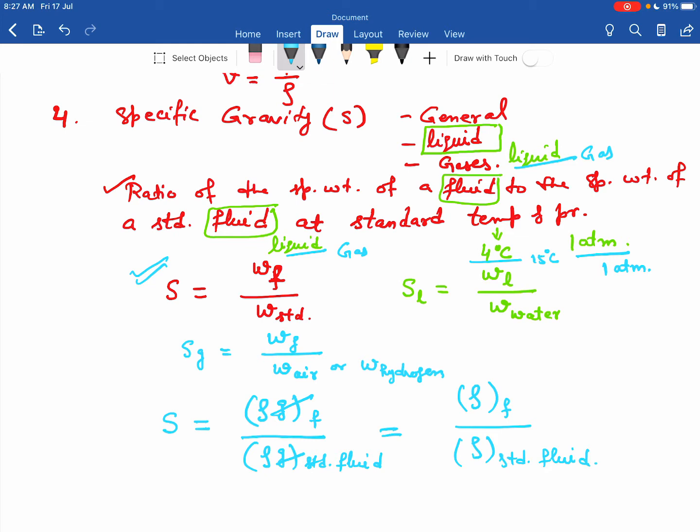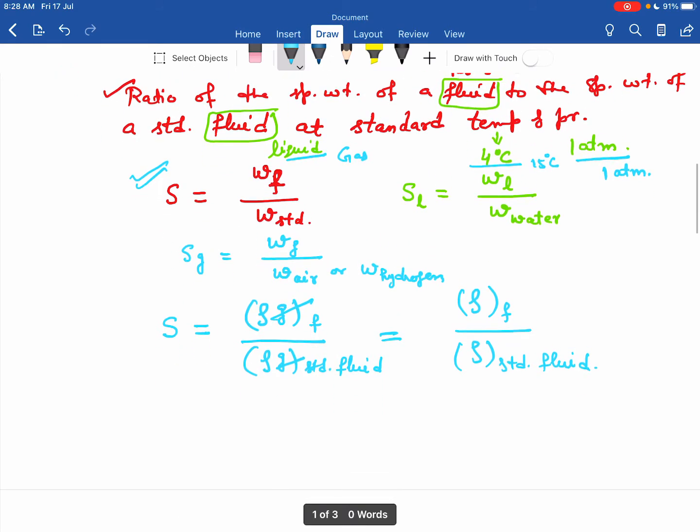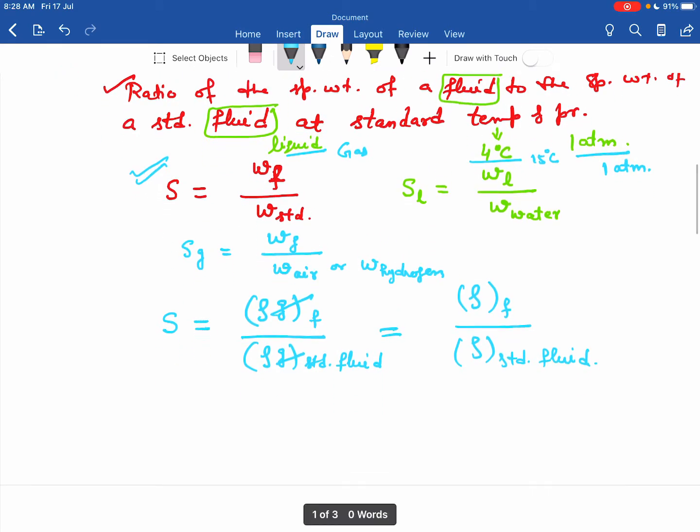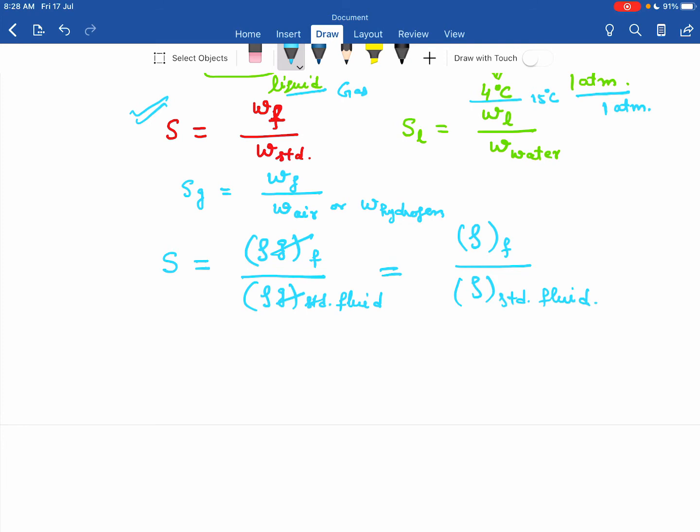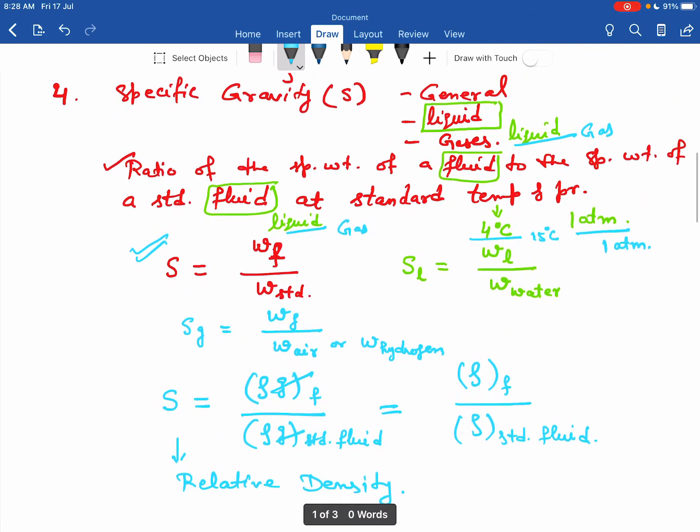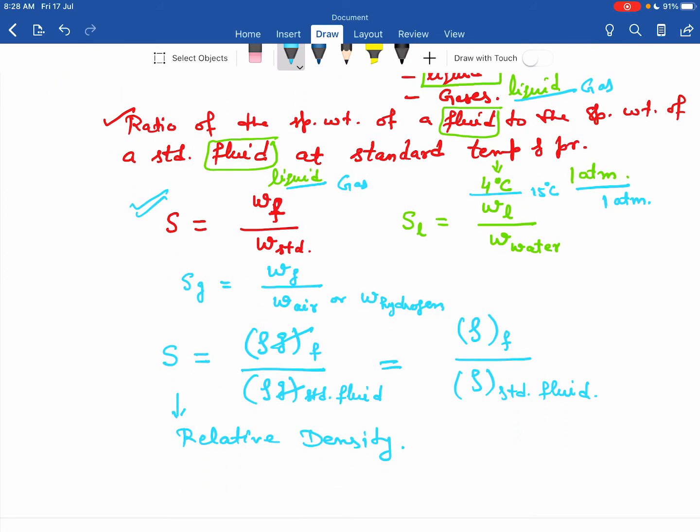So specific gravity is the ratio of densities, density of fluid to the density of standard fluid at standard conditions. Because of this, we can also call S a relative density.